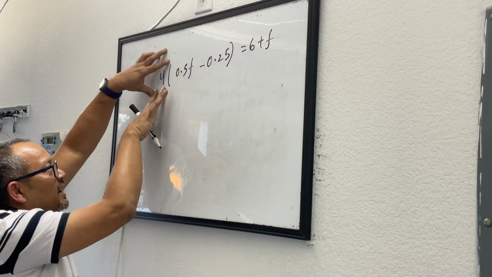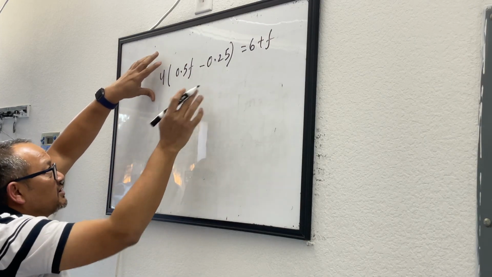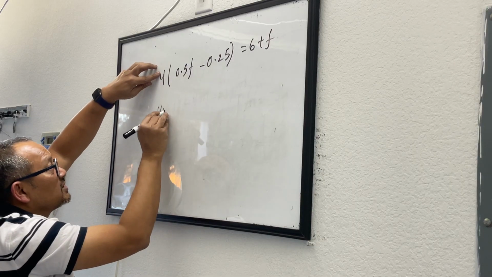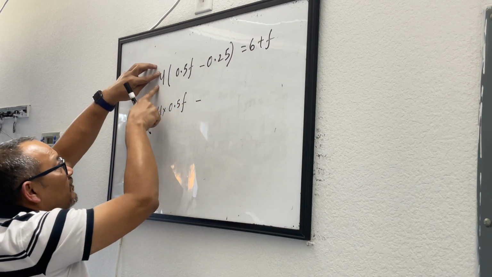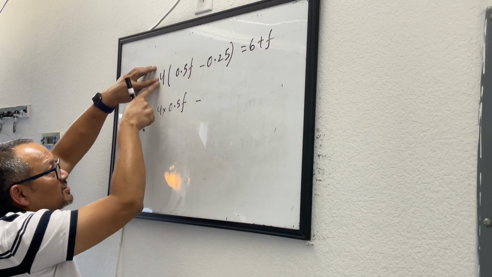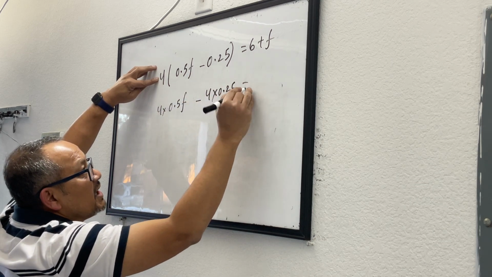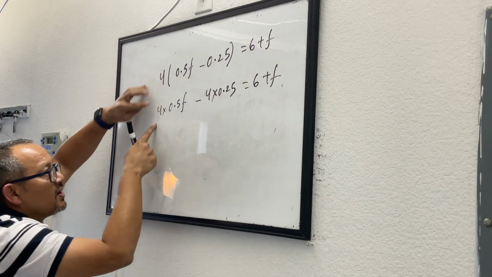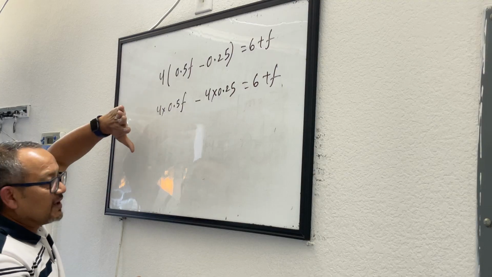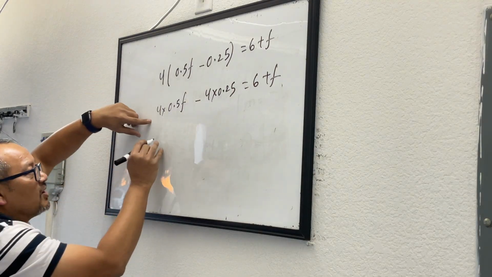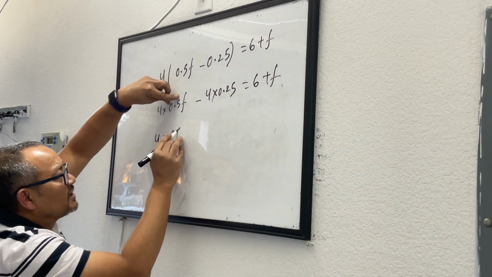Multiply whatever I have outside the parenthesis with every term that I have inside the parenthesis. So 4 times 0.5 f minus, because I have a hidden plus, so it will become minus 4 into 0.25, equal to 6 plus f. 4 times 0.5 f will be 2f, that you guys know, but I will do that in a layman's way. 0.5 is nothing but I can convert that to a fraction.